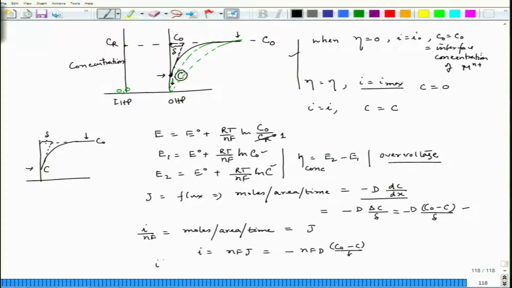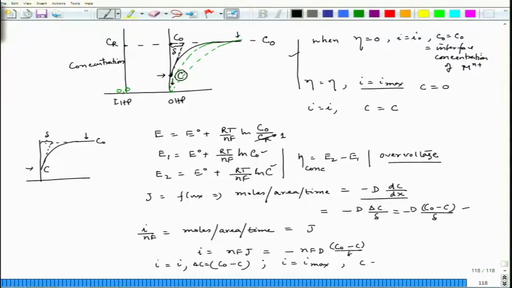When I equal to I, at that time the concentration difference is C 0 minus C, and when I equal to I max, that means the maximum current density where whatever metal ion is coming from the bulk to the interface is immediately getting reduced and going to the IHP, the inner Helmholtz plane.